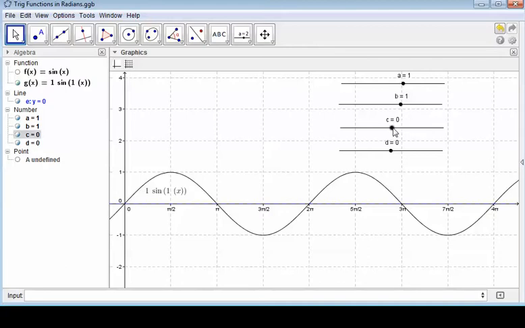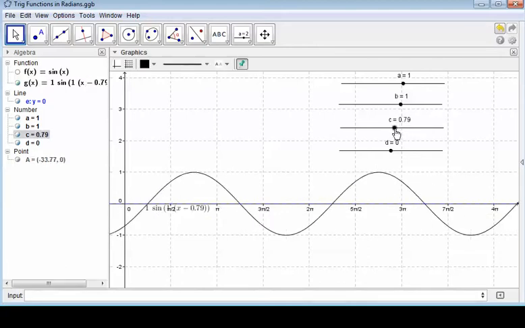But if I change it to 0.79, that's actually a quarter of pi, and it's got x take away 0.79. Or if you actually did pi divided by 4, that's that. But it's x take away 0.79. It's taking away whatever number I set that to.